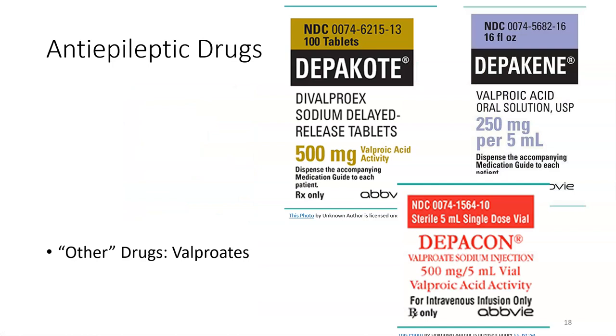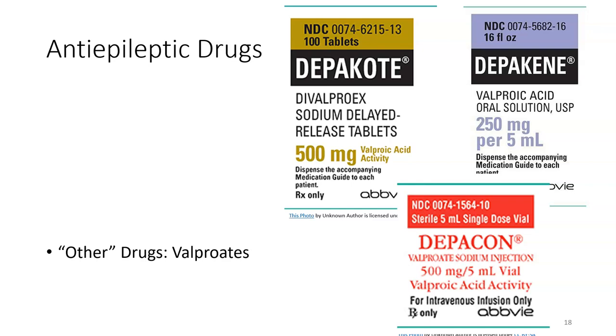Other drugs used to treat epilepsy or seizures include the valproates. These include divalproex sodium or valproic acid. These have a lot of LASA drugs, look-alike, sound-alikes. So divalproex is Depakote. I used to say Di and Val. Di loved Val's coat, so I could remember which one was which.